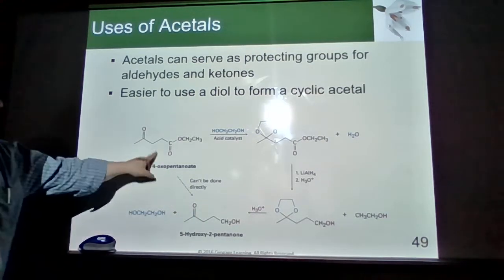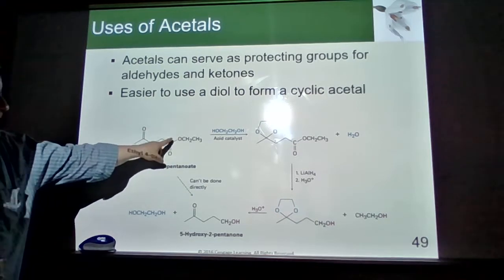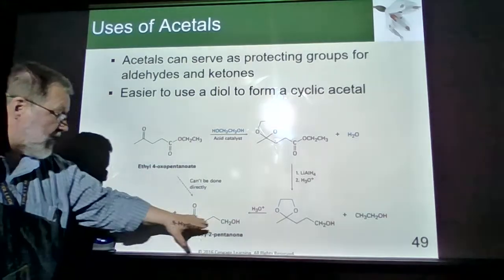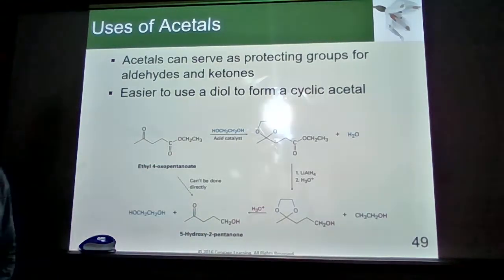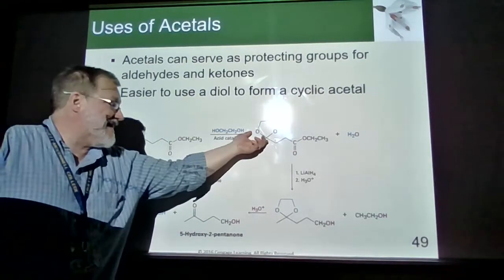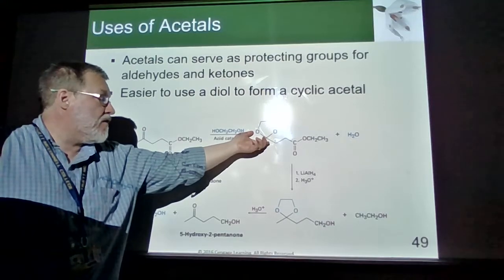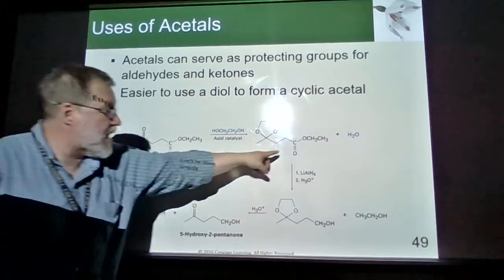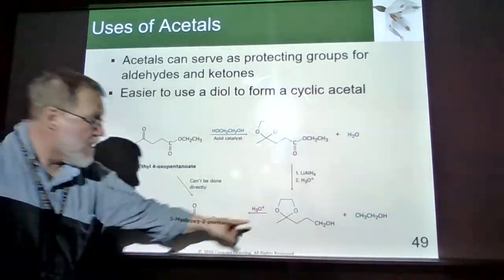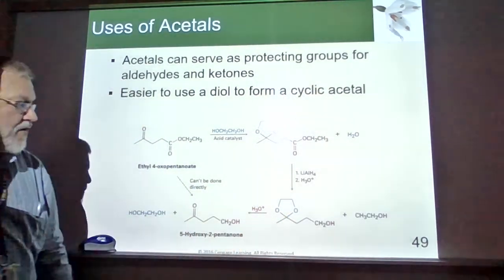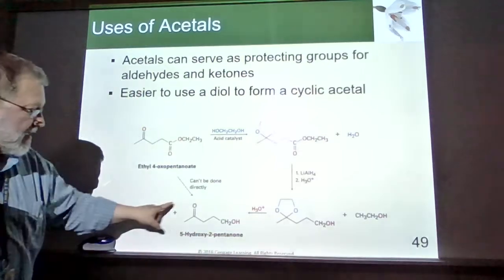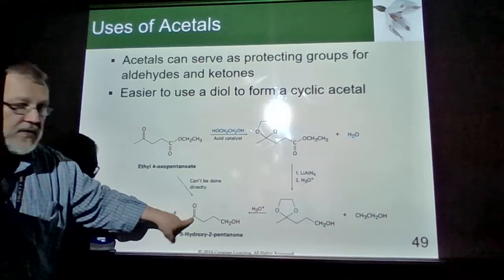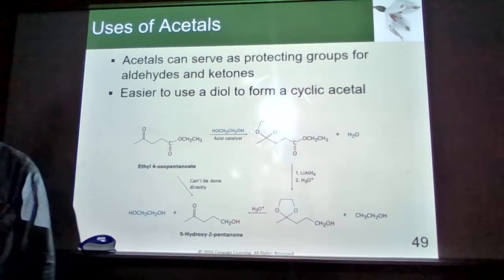So with hydride reduction sources, you can't go from the ester to the aldehyde without also destroying your carbonyl. If you protect it as this cyclic acetal, then you can reduce your ester to your alcohol, reclaim your C double bond O under acidic conditions, and you've essentially done chemistry only at the ester, leaving this carbonyl in place.